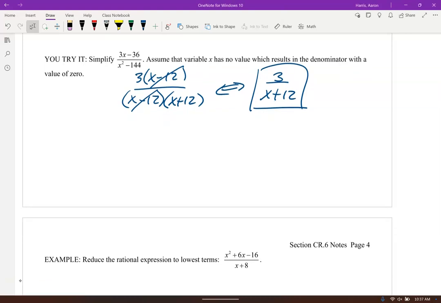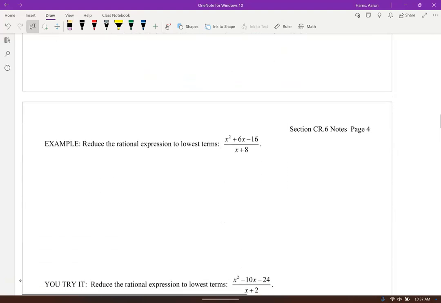So at the top, I like to do the old backwards FOIL, x squared plus 6x minus 16. So I'm looking at the factors of 16, right? What will this factor into? Yeah, each one of them, you bet.